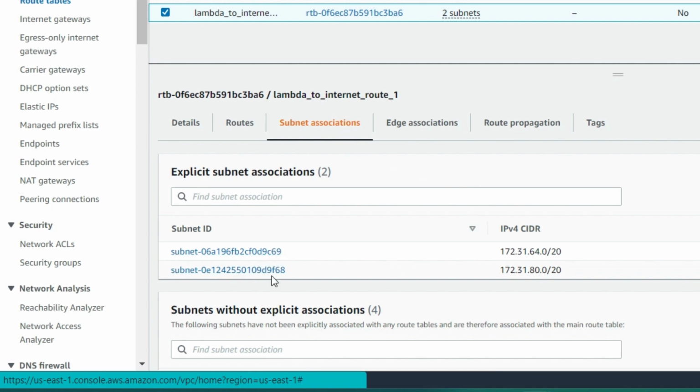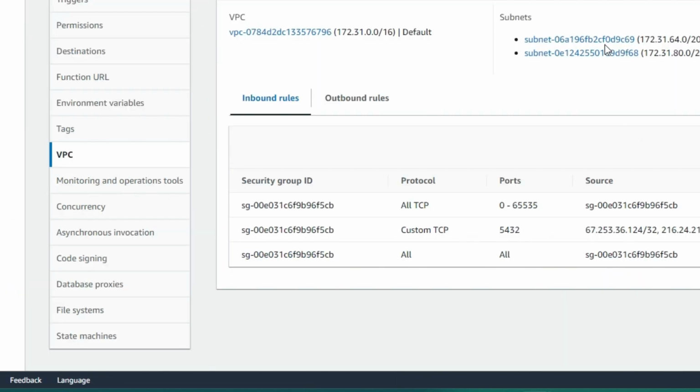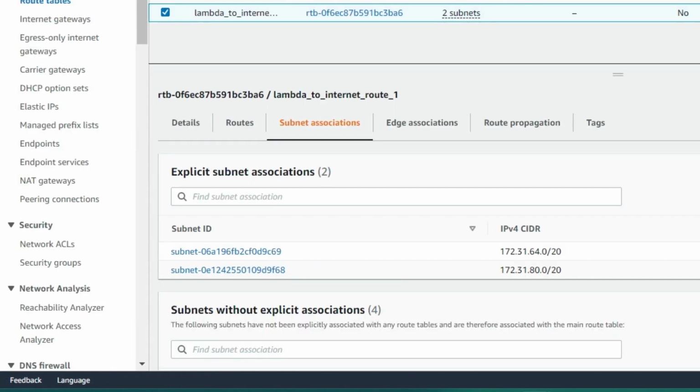Initially, out of 6 subnets, I associated 5, because one of the subnets I had used to create the NAT gateway, so I excluded that. The rest of the 5 subnets I included here, and I included them here also. That setting did solve my issue of API calls getting timed out.